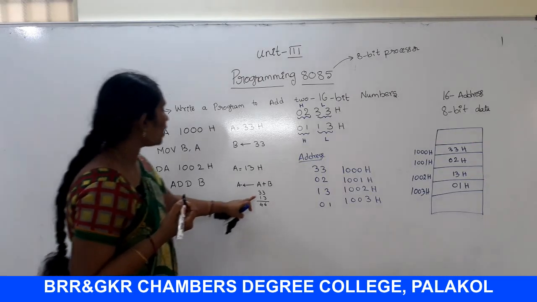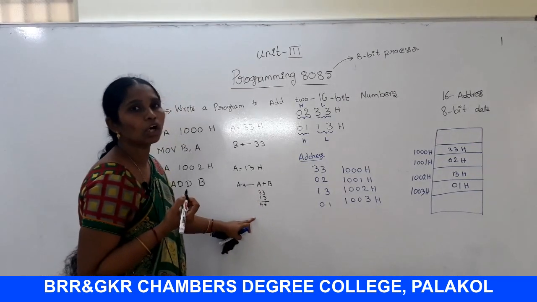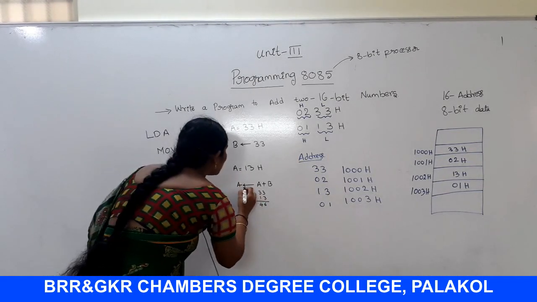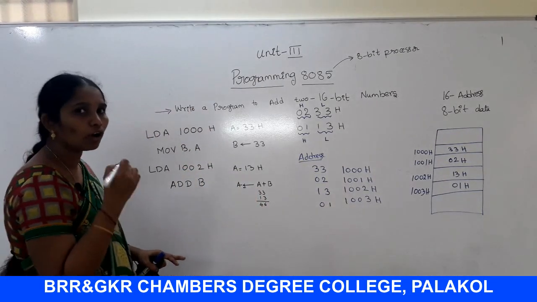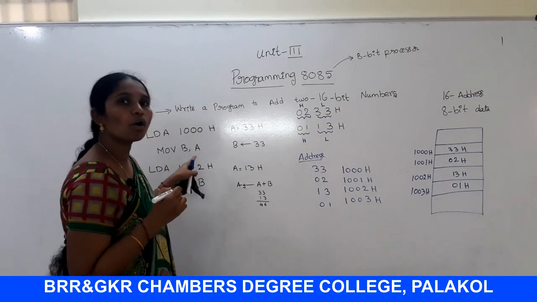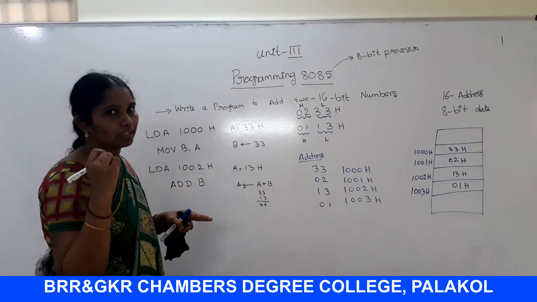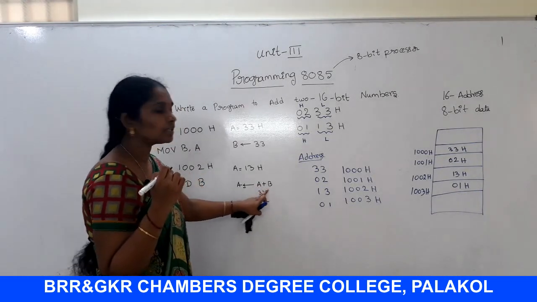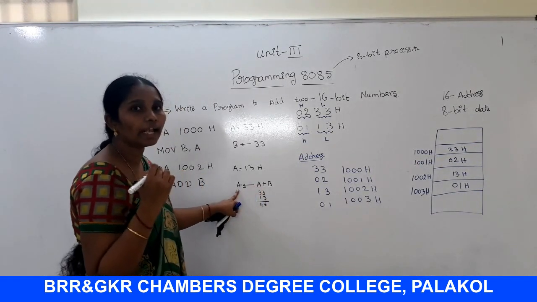Okay, so now the two numbers are added. The resultant is stored in the accumulator. I already told you all these operations in the instruction set. After adding these two numbers, the result is stored in the accumulator.